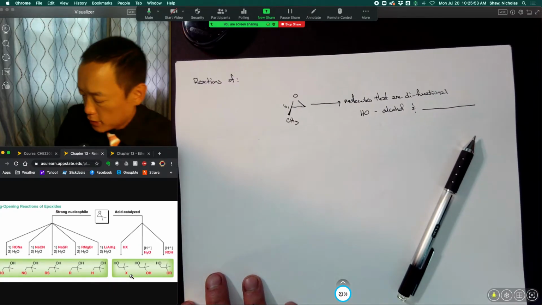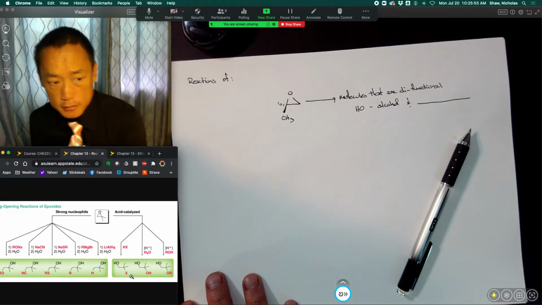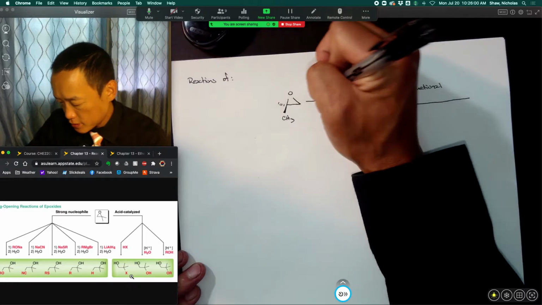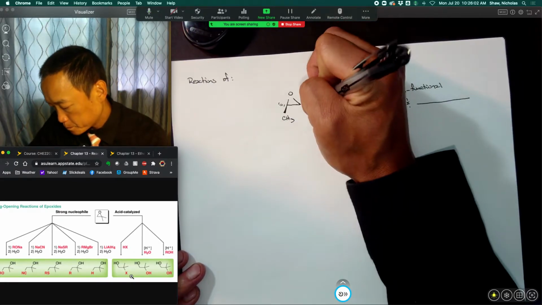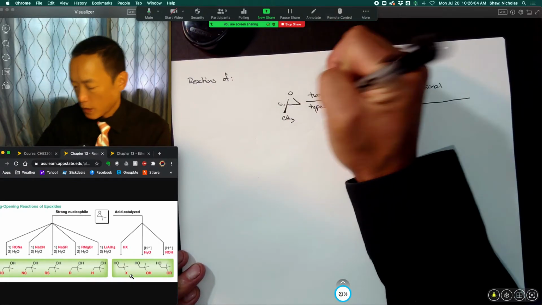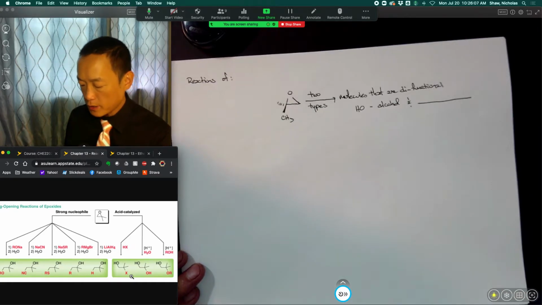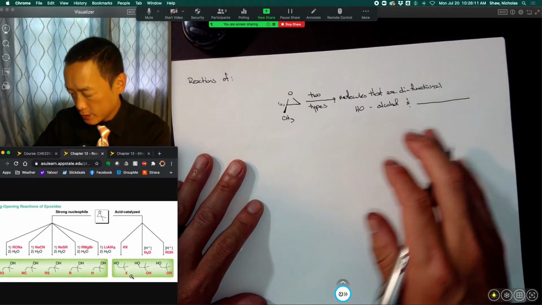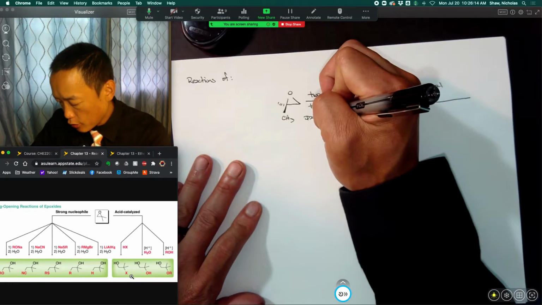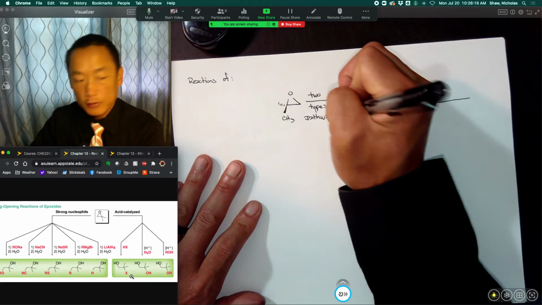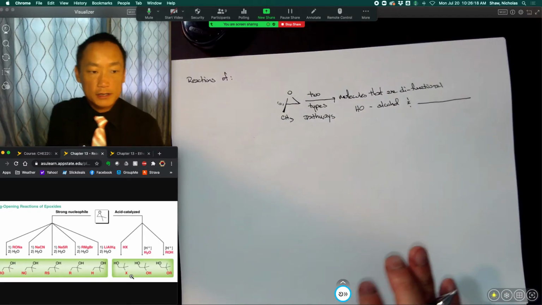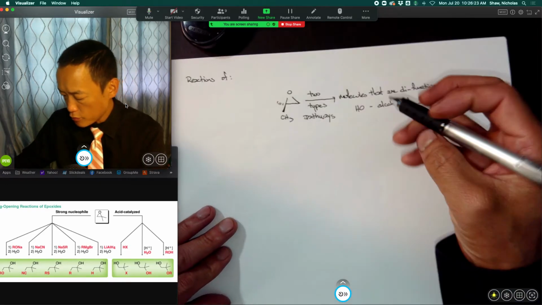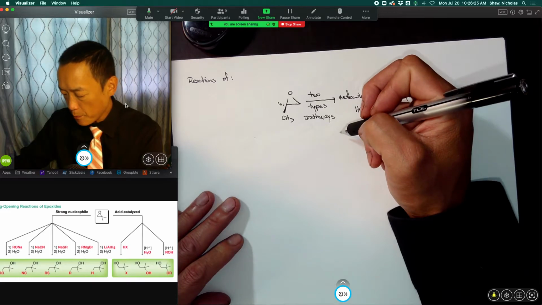And so let's see. What I want to say is that these reactions, and this is something that I've already written, there are two types of reaction pathways that could occur. When you're looking at the chart in the bottom left-hand corner, what you're seeing is two pathways.